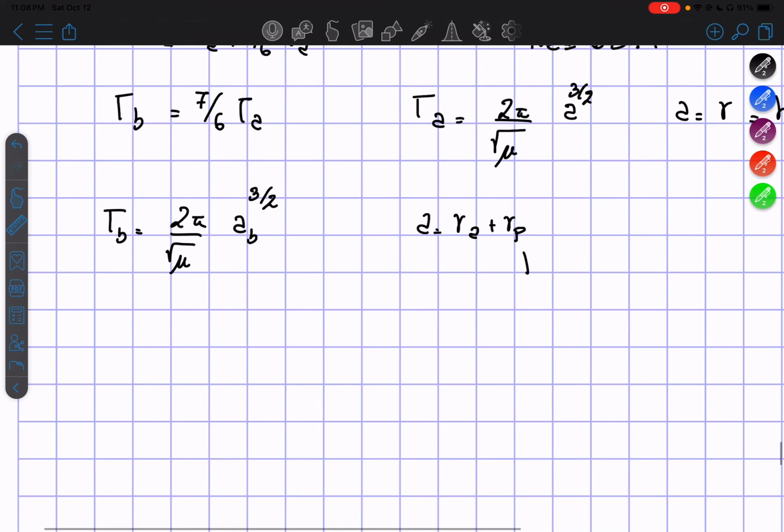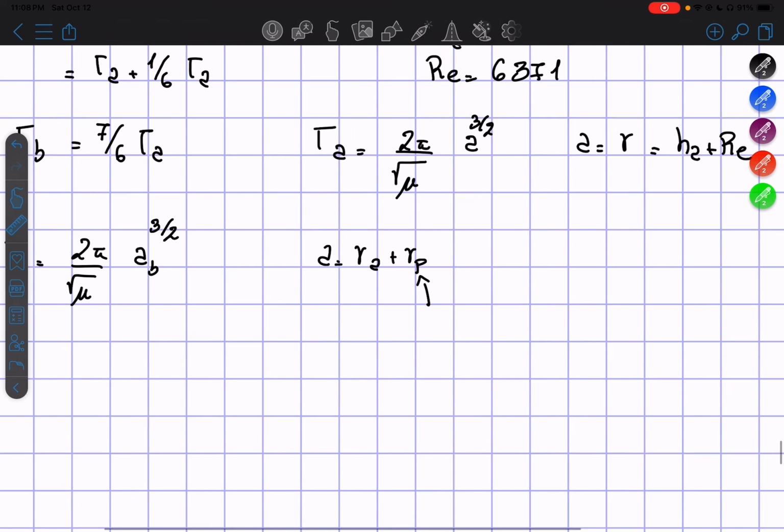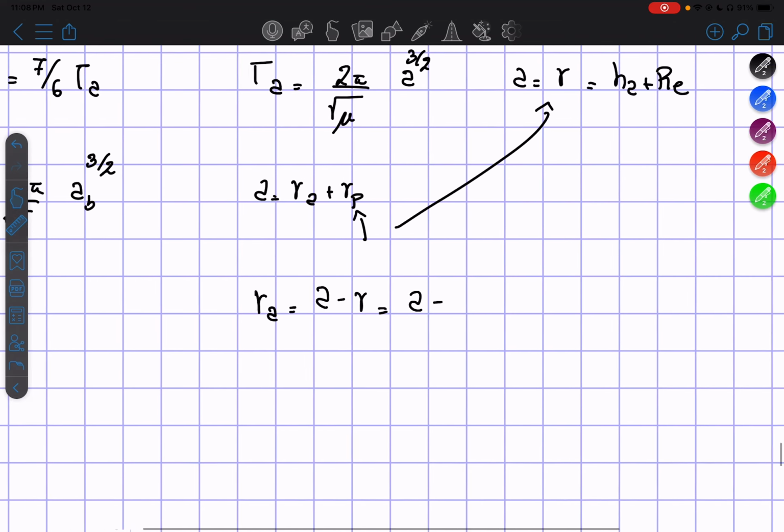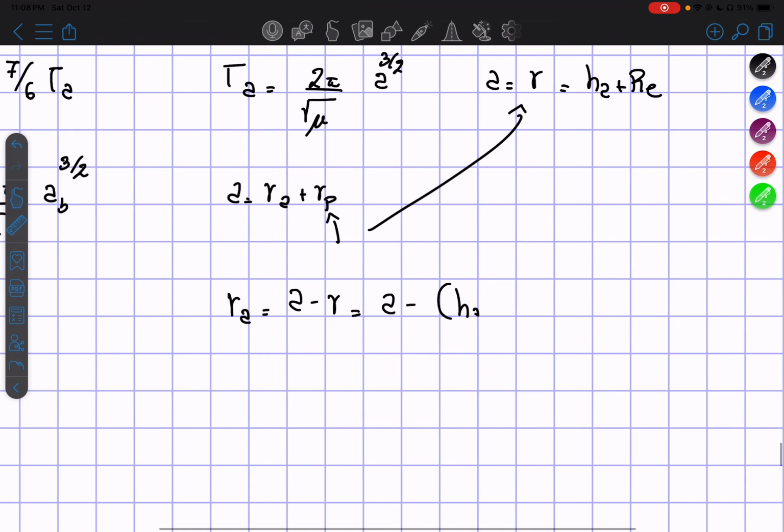Now the radius of periapsis is going to be the same as the radius that we found before because they meet at the same point and both have the same periapsis. Actually, sorry, we need to find RA, so it's going to be equal to 2a minus RP, and RP is HA plus RE.